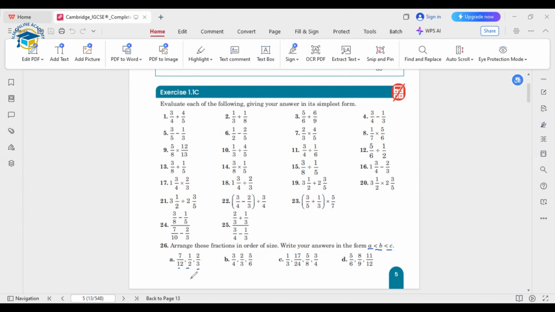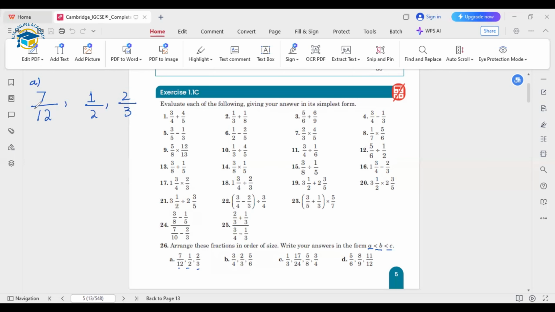After making the denominator similar, we can easily check that either your fractions are in the form of increasing order, decreasing order, or whatsoever. Okay. So let's start by the part A. We have 7 by 12, 1 by 2, and 2 by 3.